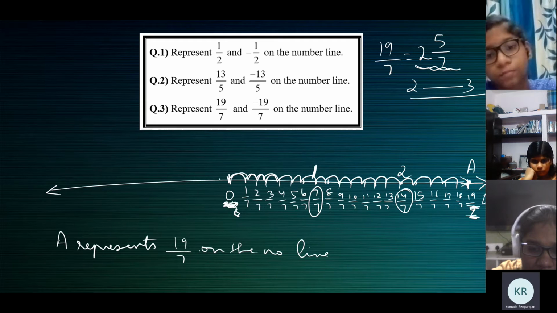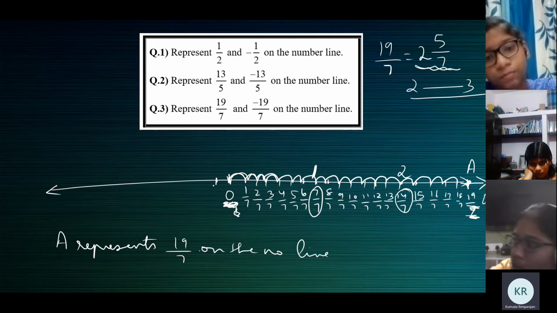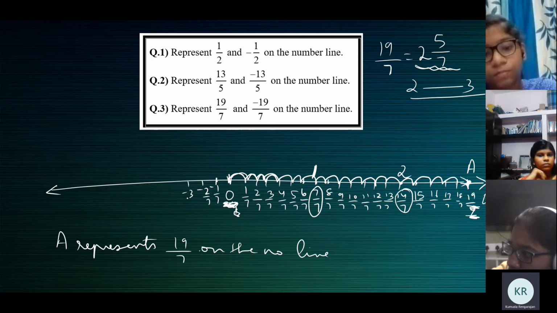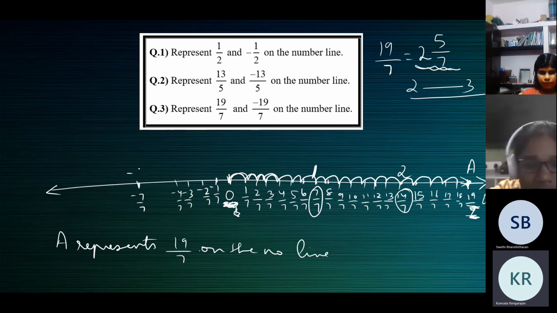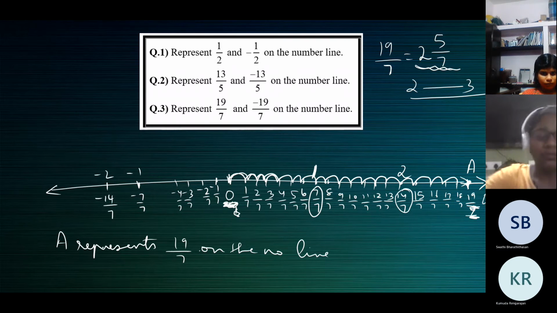Similarly, on the other side, for minus 19 by 7, write minus 1 by 7, minus 2 by 7, minus 3 by 7, minus 4 by 7, please go on like that. Minus 7 by 7 is minus 1. Then I'm writing it here, but it will not come so quickly. Minus 14 by 7 is minus 2.